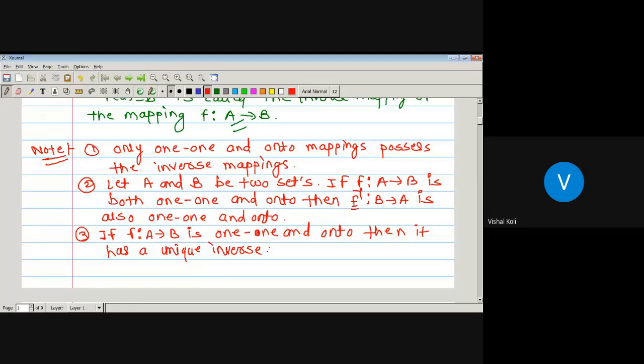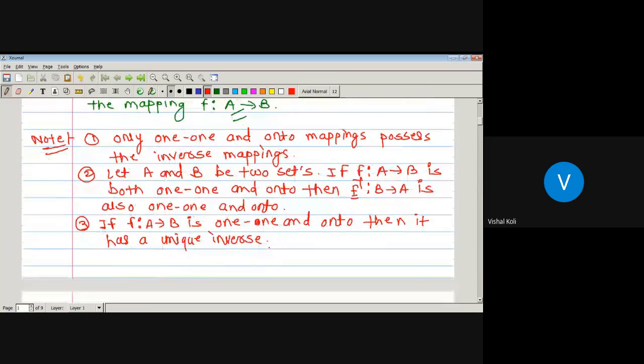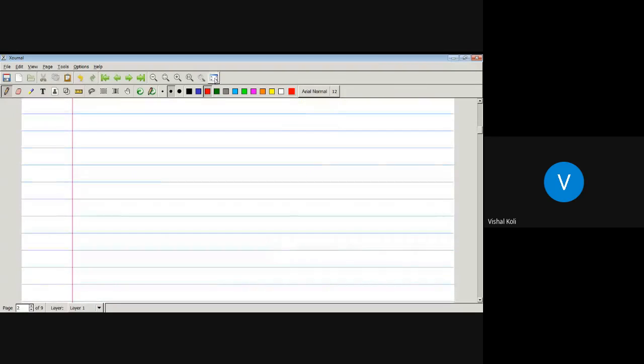Now the next concept, which is the product or composition of two mappings. Product or composition or composite of mappings. Here we have to define the product of two mappings, that is the composition of two mappings.